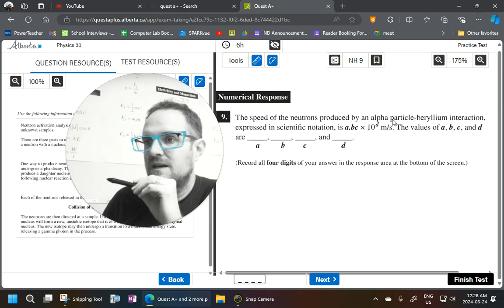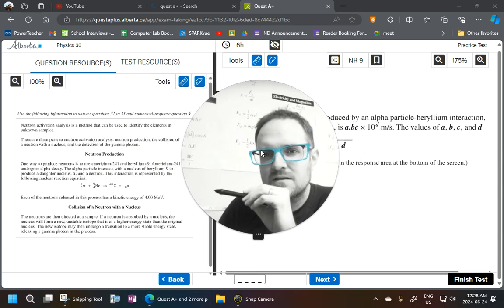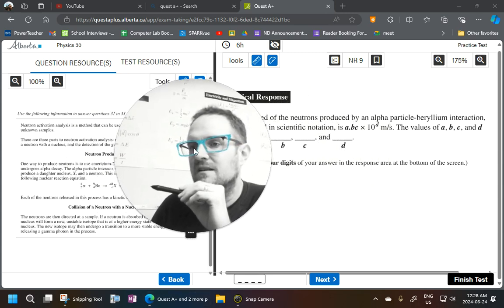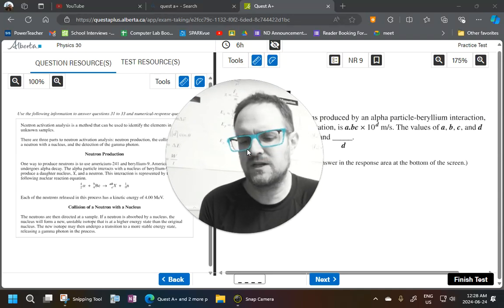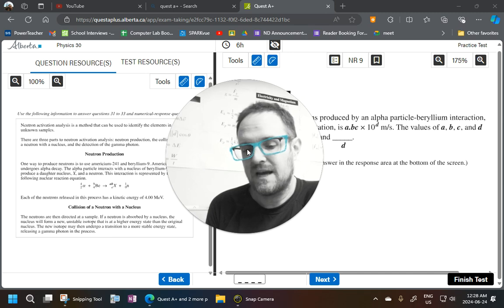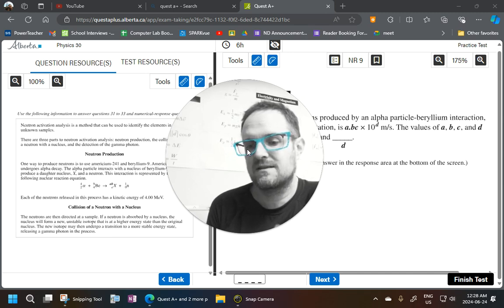What's the speed of the alpha, or the speed of the neutron produced? Does it tell us information about this? Oh, it has this kinetic energy in mega electron volts. That's weird. This seems like too easy of a question. Mega is a million, so this is 4 million electron volts. But you've got to change it to joules, like a couple of questions back.